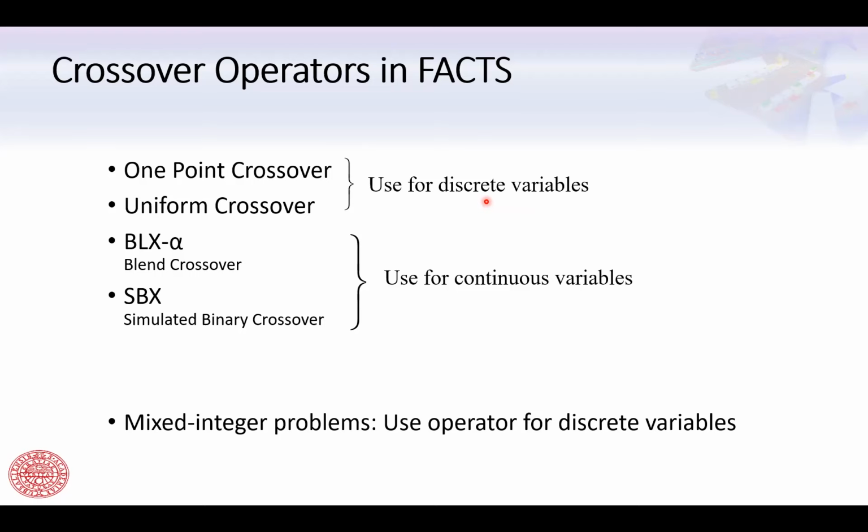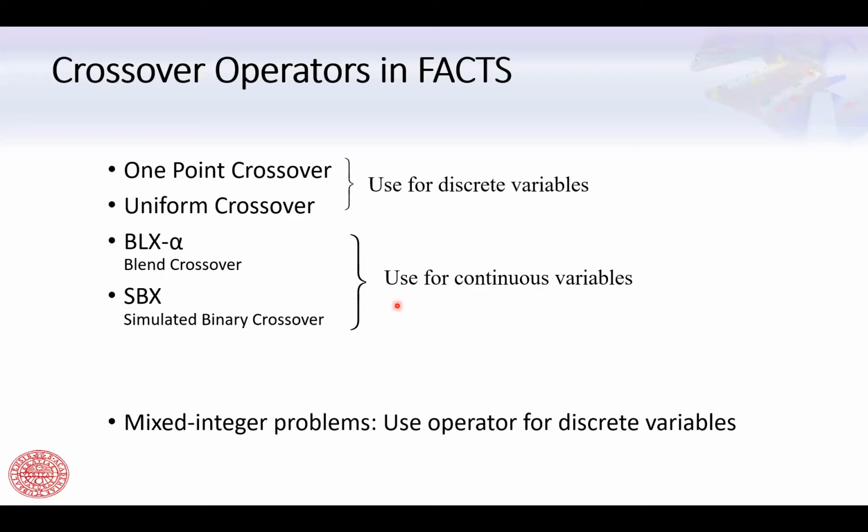Later you can see that if you have a mixed integer problem, it's also recommended that you use the discrete variable operators, that means either 1-point or uniform. So practically, I very often choose uniform crossover.